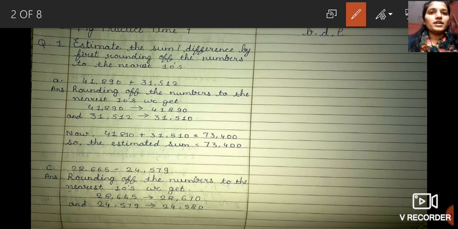Rounding off the numbers to the nearest tens, 41,890 will become 41,890 only. Why is it like that? Because when we round off to the tens, we have to consider the ones place, right?